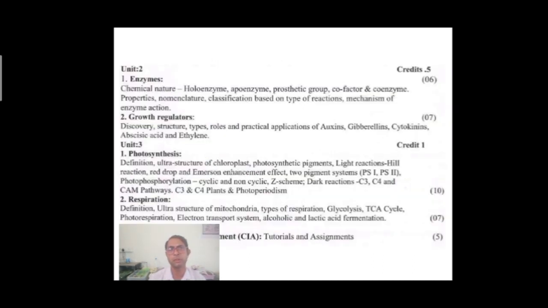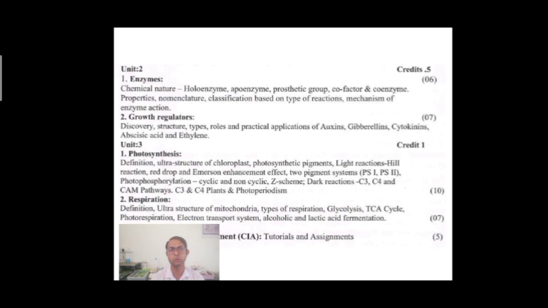Unit number 2 includes enzymes: the chemical nature of enzymes, and the different terminologies related to enzymes, which we are going to discuss in unit number 2 under the topic enzyme. Then the second part of unit number 2 is growth regulators.